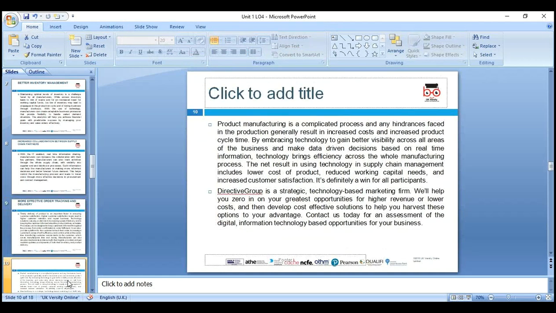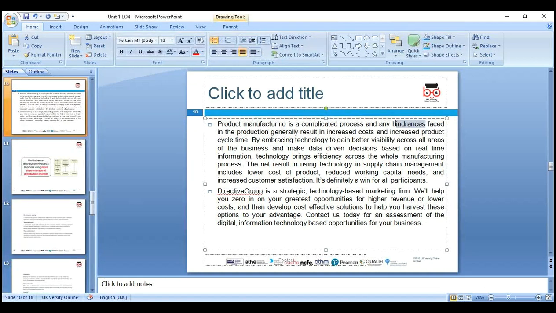supply chain management. Product manufacturing is a complicated process. Any hurdle faced in production generally results in increased cost and an increased production cycle. So we need to look around. Embracing technology can bring better viability across areas of business.